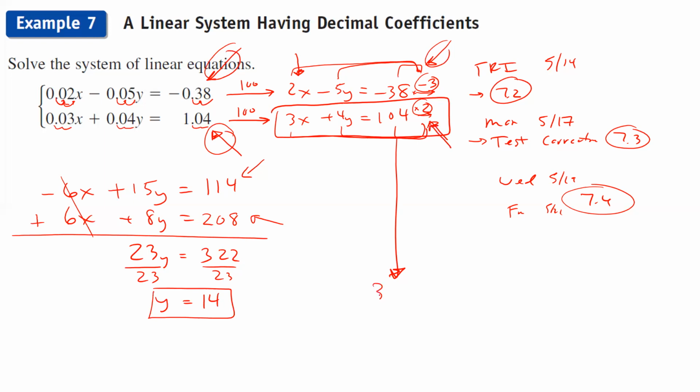So it's 3 times x. Notice I'm just writing it as soon as I get to the y, it changes into 14. All right, 14 times 4. 56?